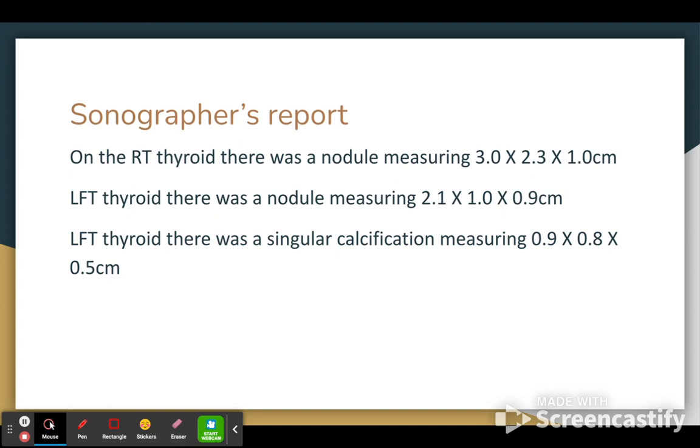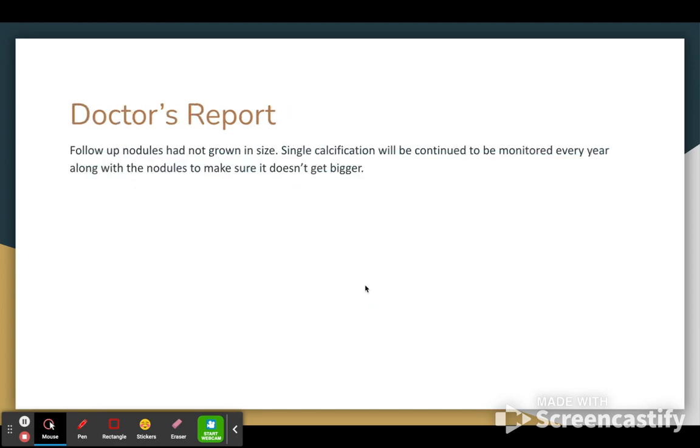And the left thyroid, this was not on her previous scan. So I wrote left thyroid, there was a singular calcification measuring 0.9, 0.8, and then 0.5. That was not on her last previous exam. So I made sure to include that in mine.